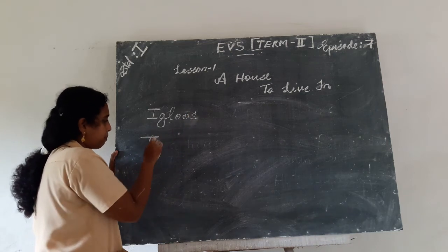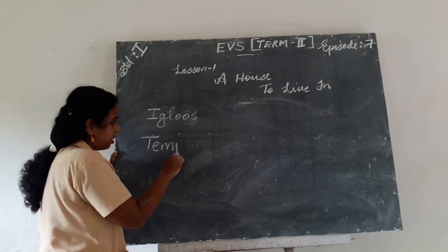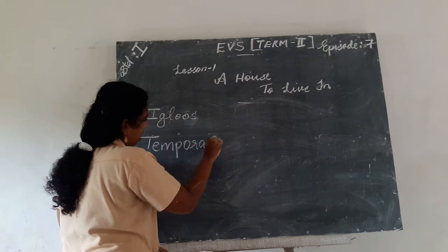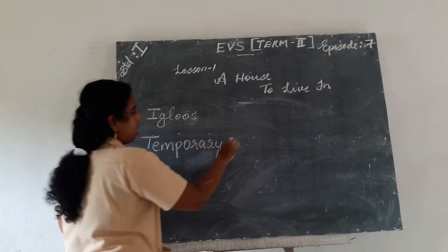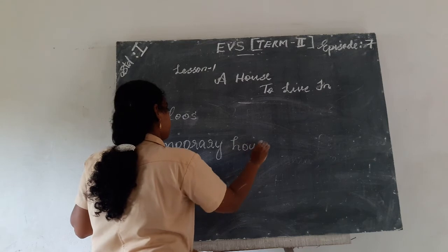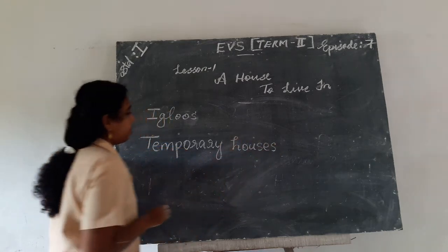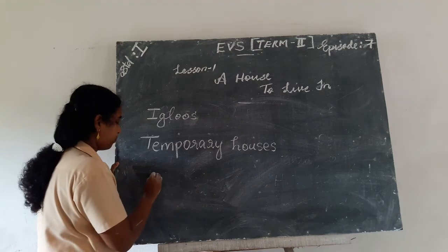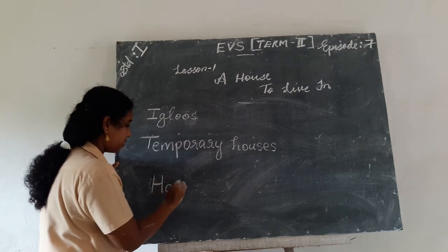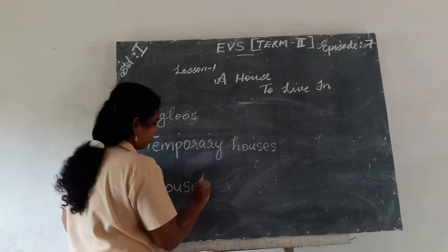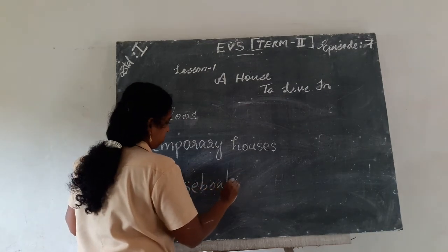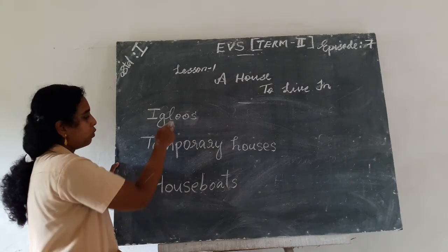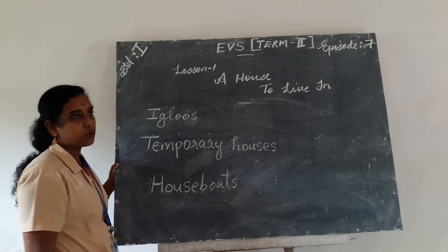And second one, temporary houses, T-E-M-P-O-R-A-R-Y. And the next one is houseboats. These are some special houses that we discussed in our first chapter: igloos, temporary houses and houseboats.